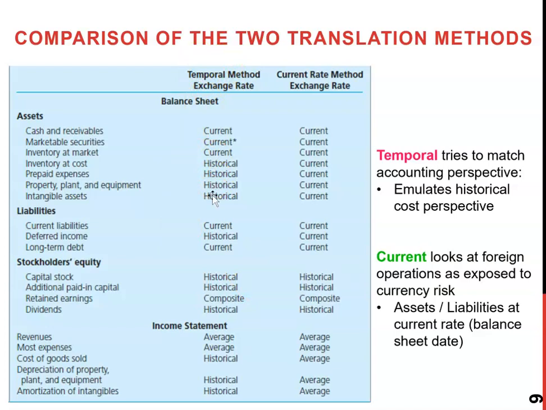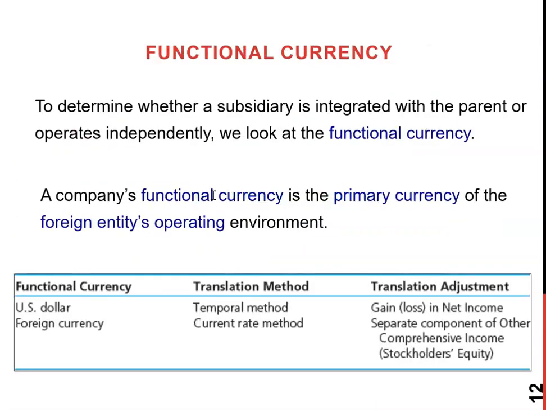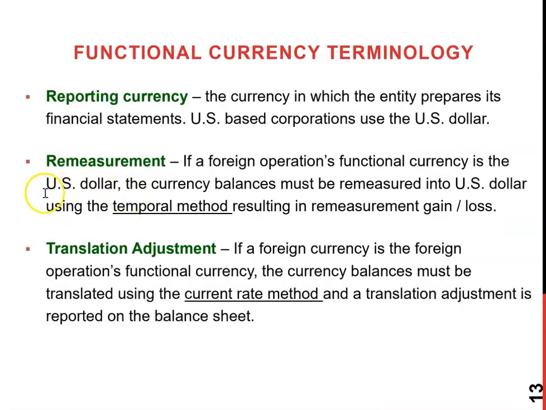In summary, if your subsidiary is using the US dollar, we use the temporal method. And for the temporal method, for specific items, we still need to use the historical exchange rate. So we are actually not translating the foreign currency into US dollars. Rather, we are remeasuring the US dollar financial statements into US dollars again.